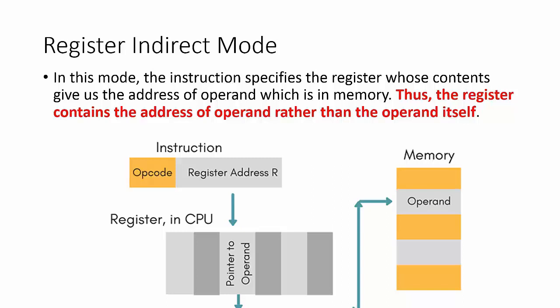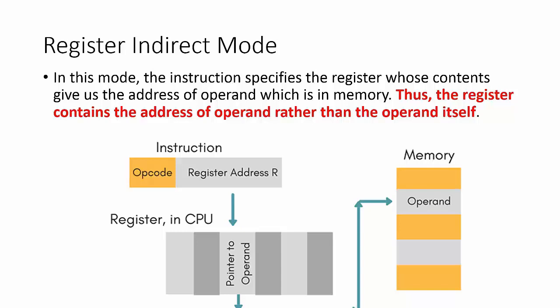Here you can say it is the pointer to the operand. It means that whatever data is present in the register points to the main memory where the actual data is stored. As you can see in the memory block, the word operand is nothing but the data which can be used by the instruction as we define in the instruction.